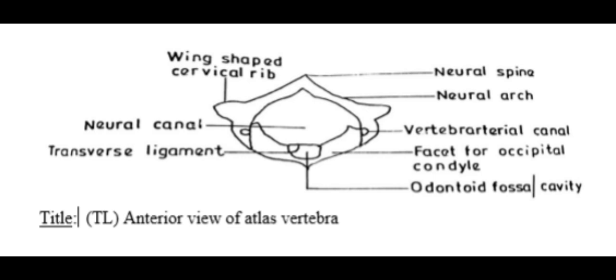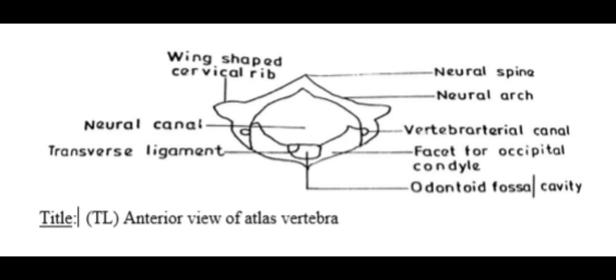You should be able to draw and label at least the anterior view of the atlas vertebra correctly. When drawing, make sure your lines are clear, because clarity of lines attracts marks. And draw according to size. If you are given 6 to 8 cm, please draw within that range.